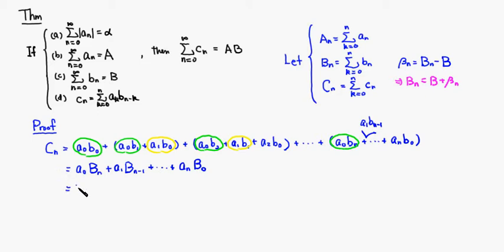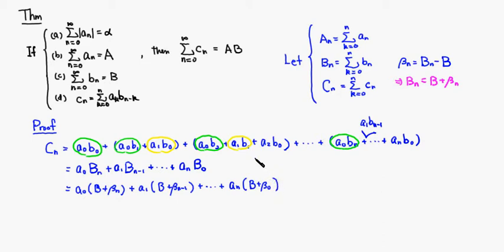You have A0, where Bn is capital B plus beta_n. And the next one is A1 and capital B plus beta_{n-1}, and so on. Then you have An and capital B plus beta_0.